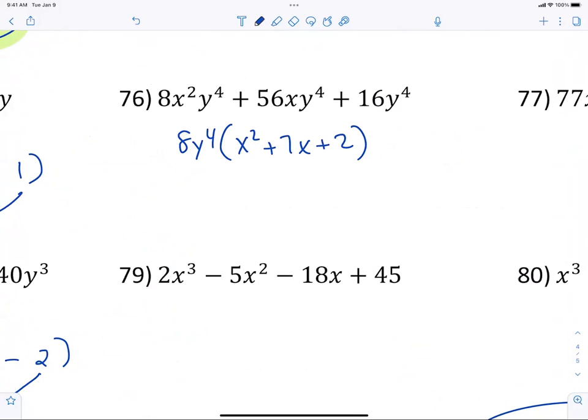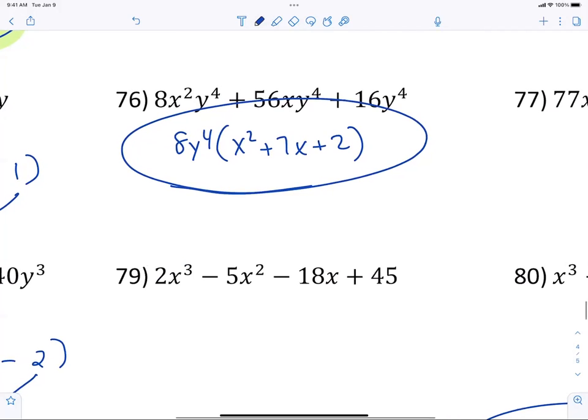There are no factors of 2 that are going to make 7. So this is the answer. Sometimes the only thing you can factor is the GCF. You can't make 7 because 2 and 1 can't. That's right.